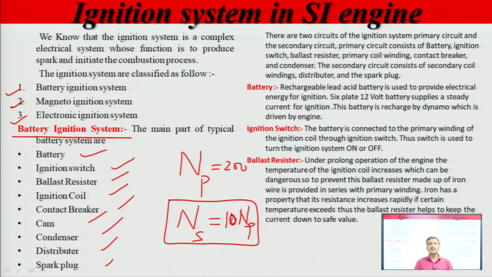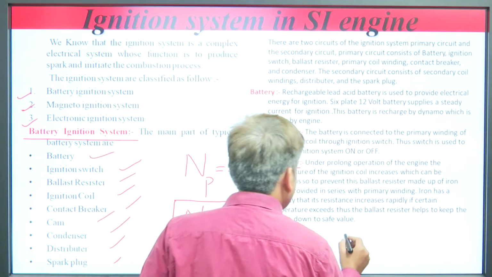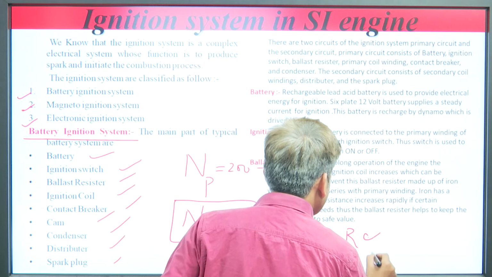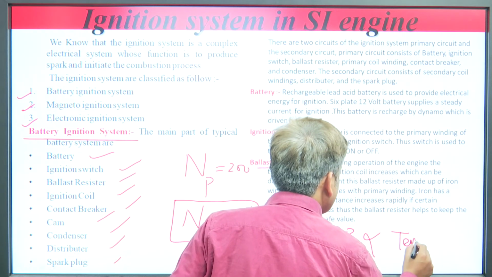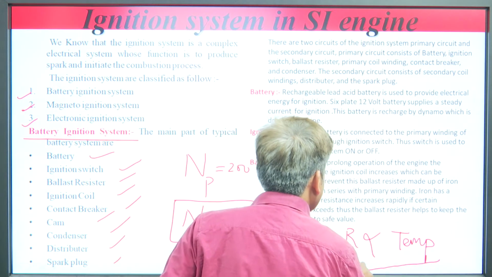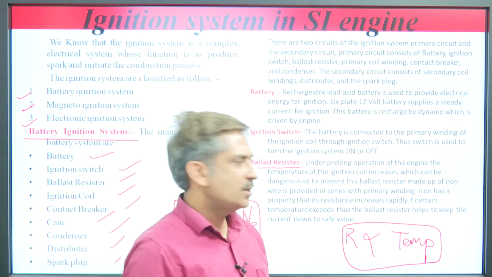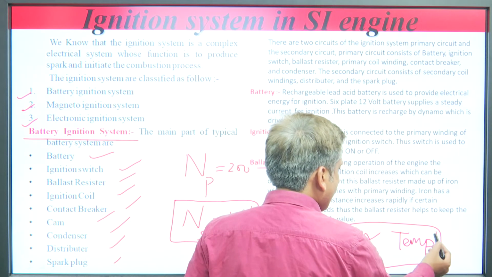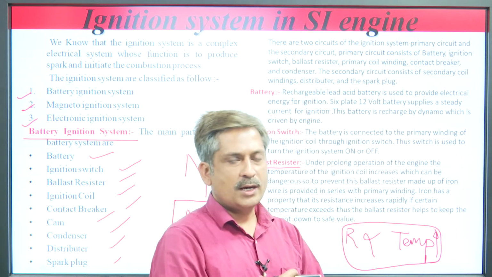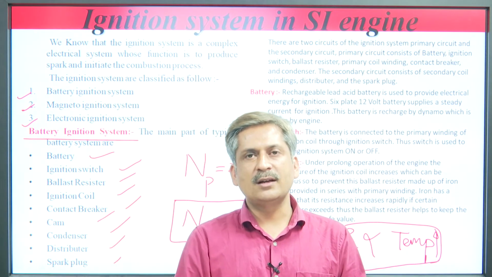The ballast resistor is a very important part, because its resistance depends upon the temperature, since you are using your ignition system for a long time. If you are using it continuously, the temperature goes up. If the temperature goes up, you need less current.